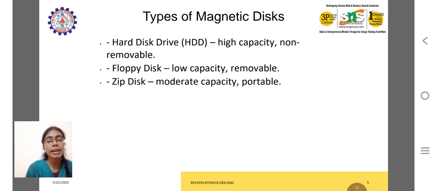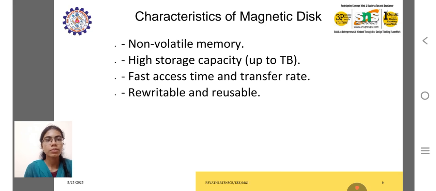Hard disk drives can store a large amount of data. Floppy disks are used to store a minimal amount of data. A zip disk holds a moderate amount, up to some maximum limits. Among these three, zip disks are portable. Floppy disks are removable, and hard disks are non-removable.